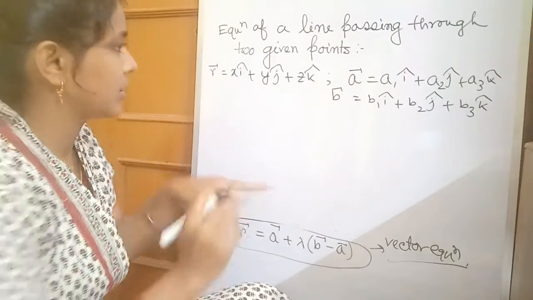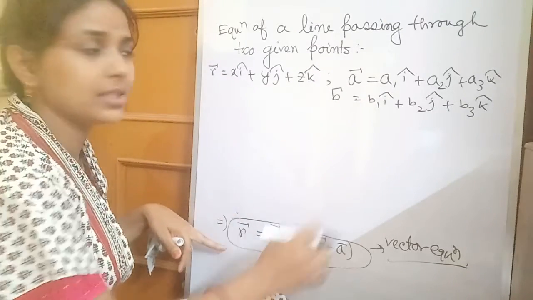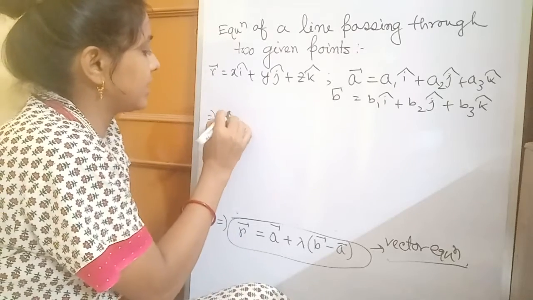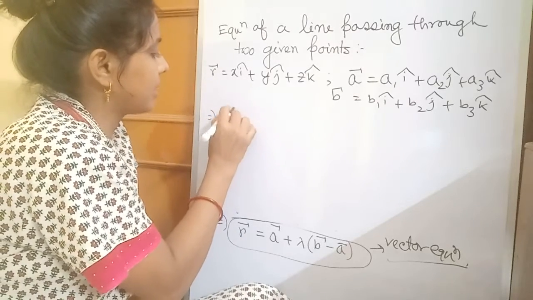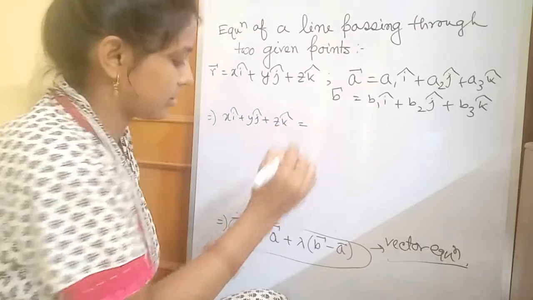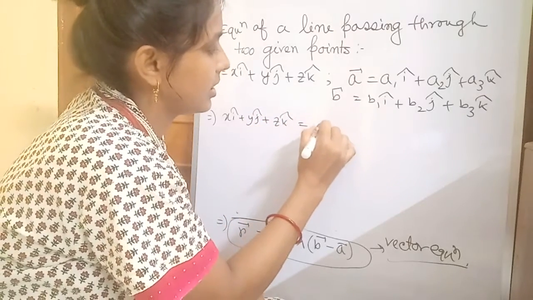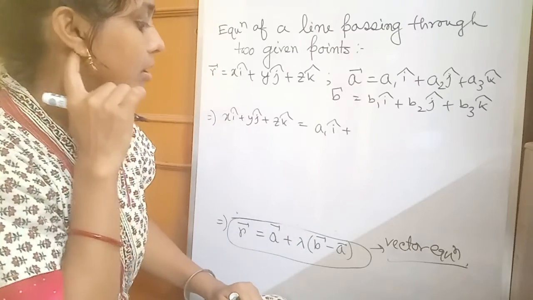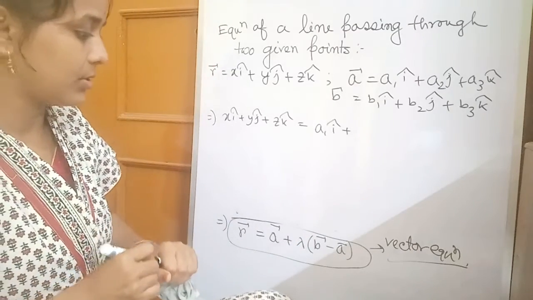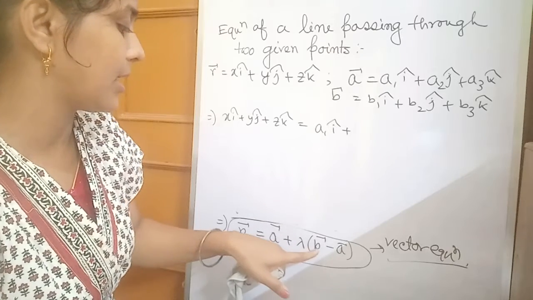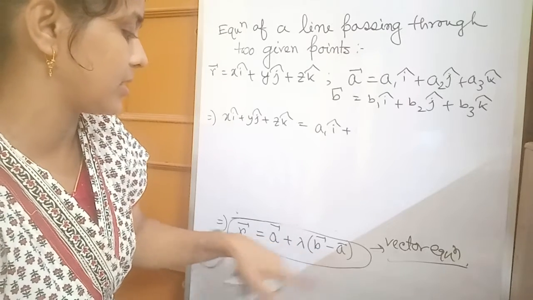Then we will put all these three values here. From this we are getting x i plus y j plus z k is equal to a vector, that is, a1 i plus, look, I am writing it once, a vector plus lambda into b minus a vector.